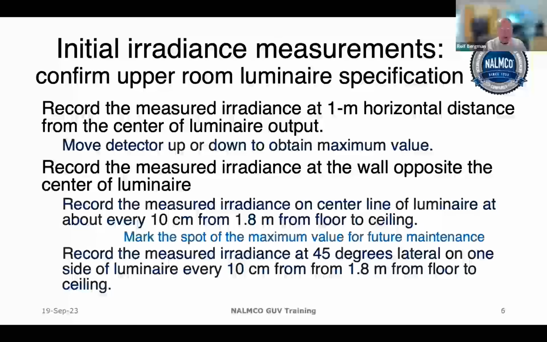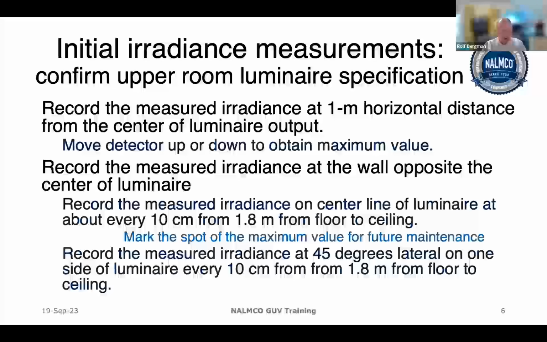Mark that place in some way so that when you come back for maintenance, you can go to that point and see if the irradiance is the same or nearly the same as it was when you first took the reading. That tells you that the device is operating correctly. So mark that spot for the maximum value and for future maintenance evaluations.